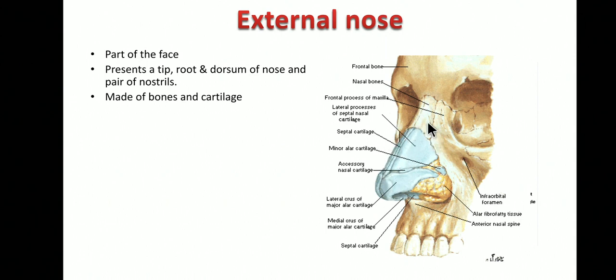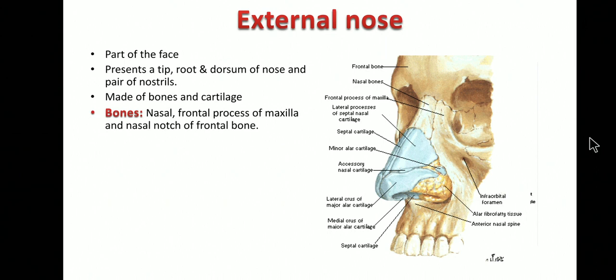Mainly two bones contribute to the external nose: laterally, the frontal process of the maxilla, and the other one is the nasal bone. The frontal process of the maxilla and the nasal bone contribute to the bony part of the external nose, which fit into the nasal notch. In this picture you are able to see the nasal notch of the frontal bone. These are the three bones.